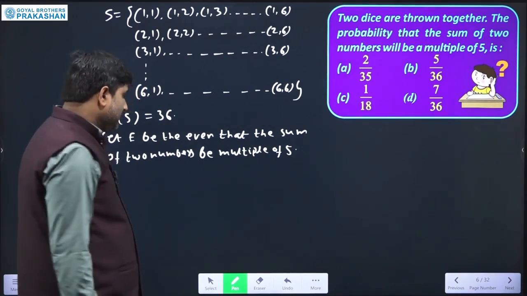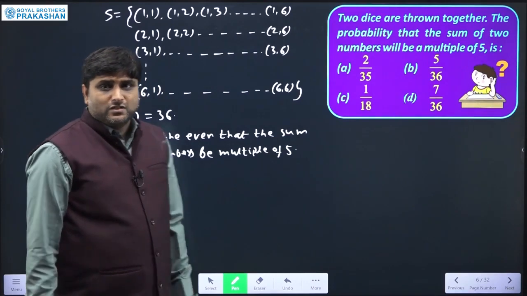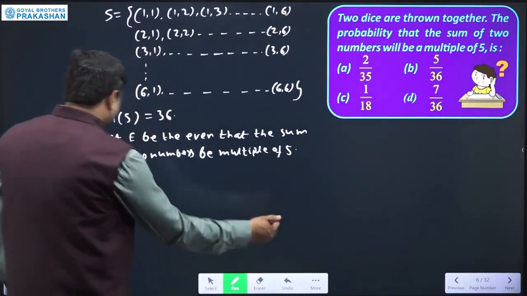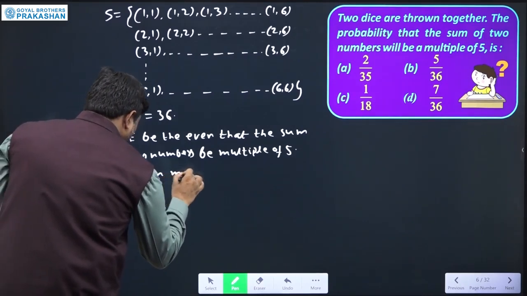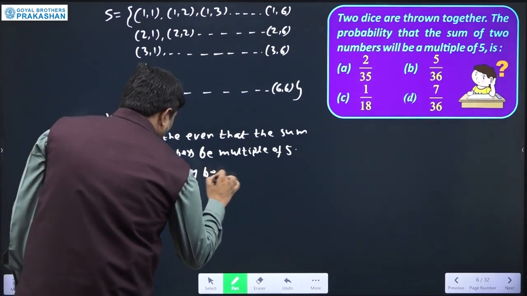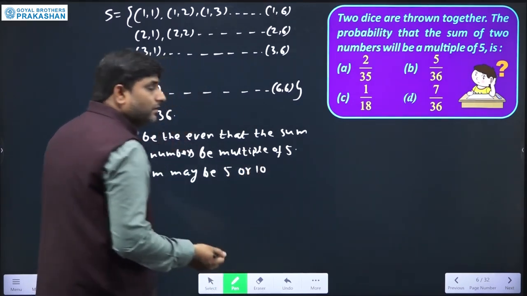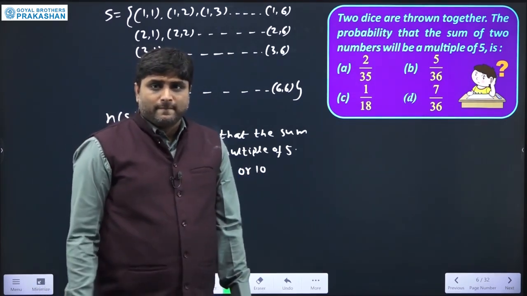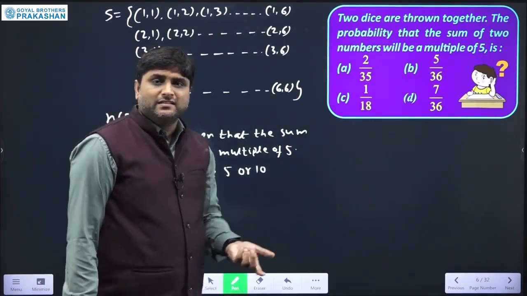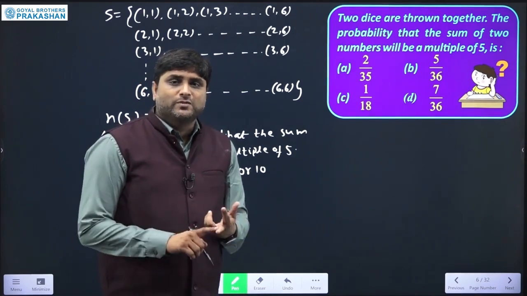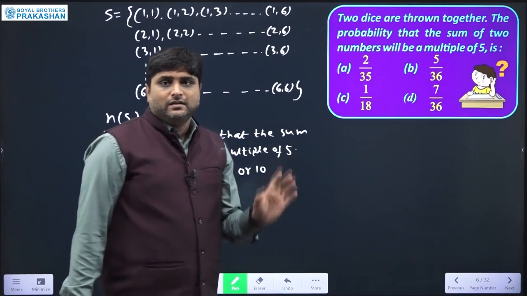Suppose this is the event E. And now multiple of 5. So how many possibilities are there? So this implies the sum may be 5 or 10 or 15 is not possible, because the maximum possible sum is 6 plus 6, that is 12. So there are just two possibilities for the sum, that is 5 or 10.